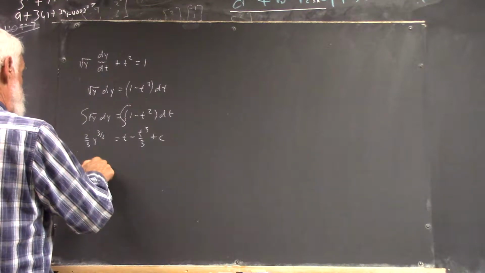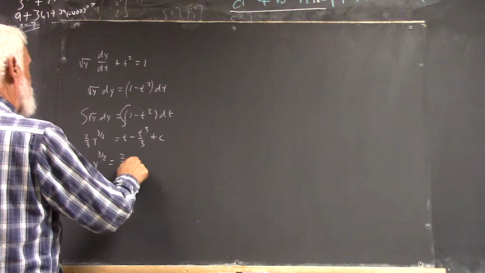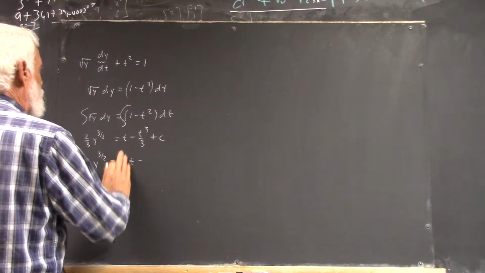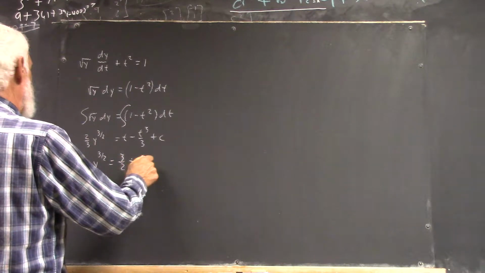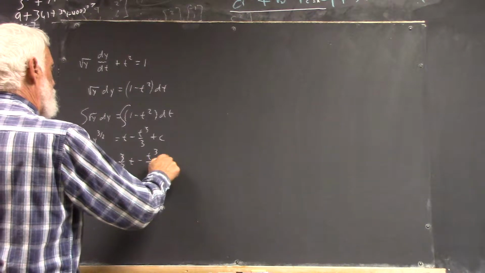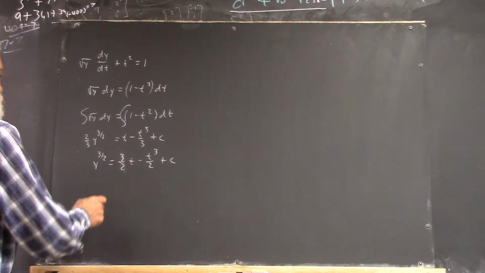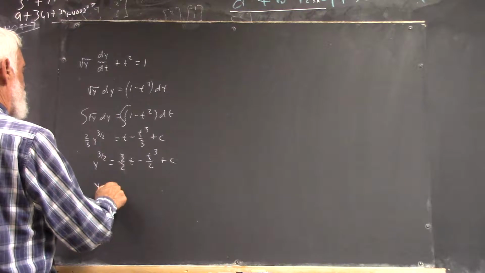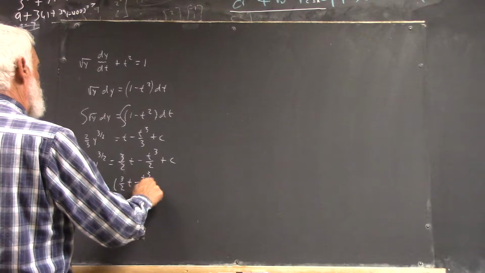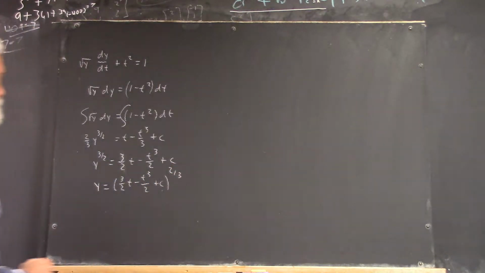And then you do your y to the 3/2 equals then 2/3 t minus, it's not 2/3, it's 3/2. 3/2 t minus t cubed over 2. Again, your arbitrary constant absorbs the multiplication by 3/2. And you get y equals 3/2 t minus t cubed over 2 plus c, to the 2/3. Okay?